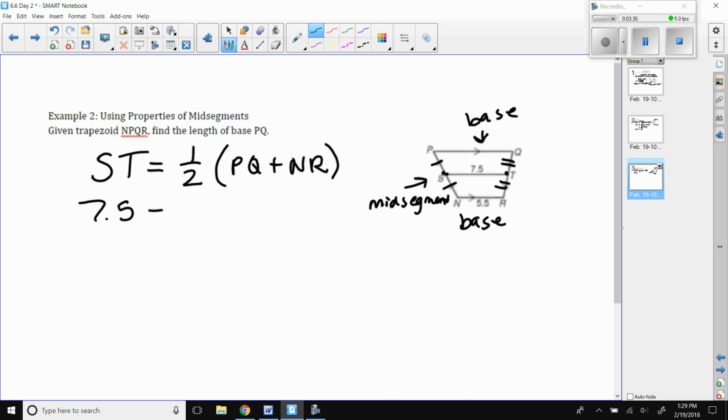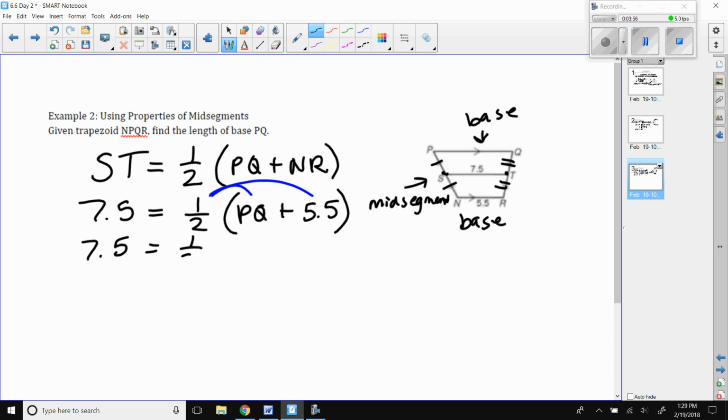7.5 equals 1/2 times PQ, I don't know, plus 5.5. Okay. What we want to do here is distribute this. We have a parenthesis, so we're going to distribute that through. 7.5 equals 1/2 times PQ plus whatever 1/2 times 5.5 is. And that's where I will need to simplify from there.